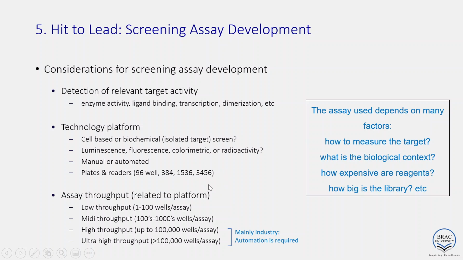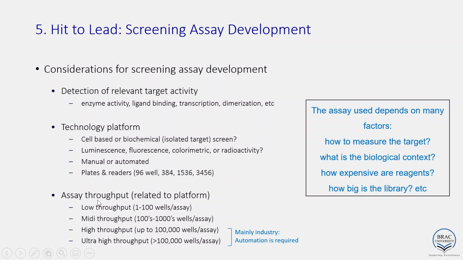If our assay is not that high throughput, then we have to select 96 well plates. And if our compound library contains a small number of compounds, then we can select low throughput assays, for which we can use 96 well microtiter plates or 384 well plates.